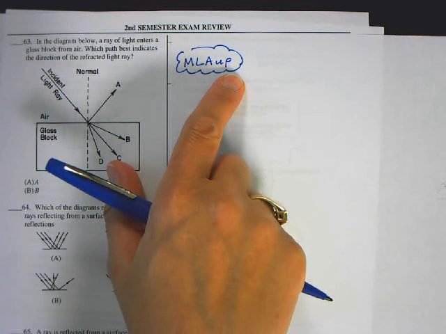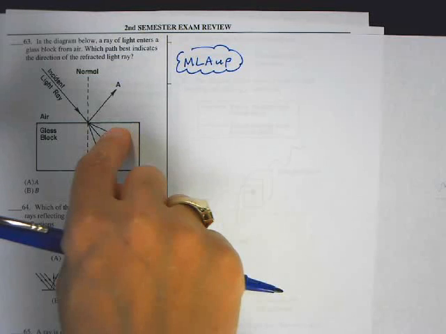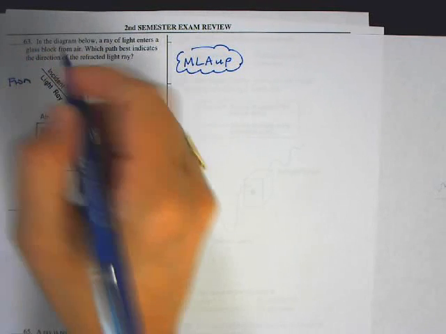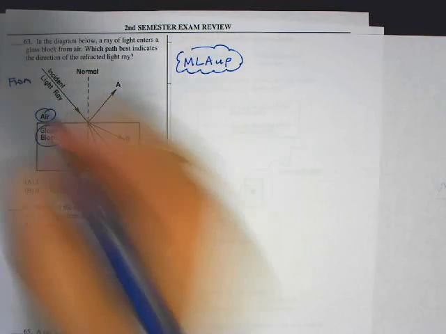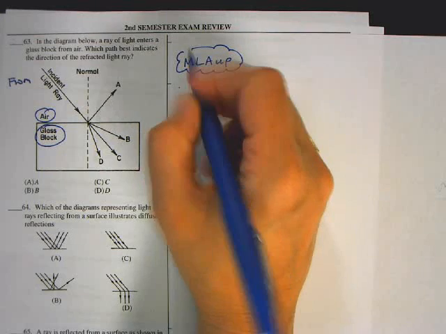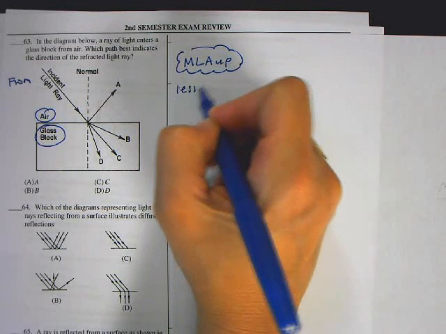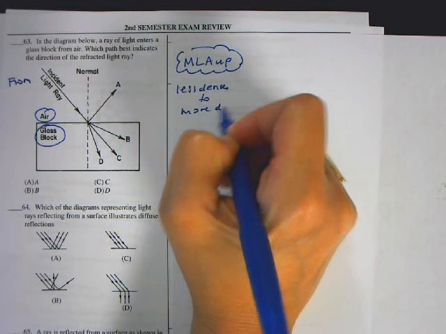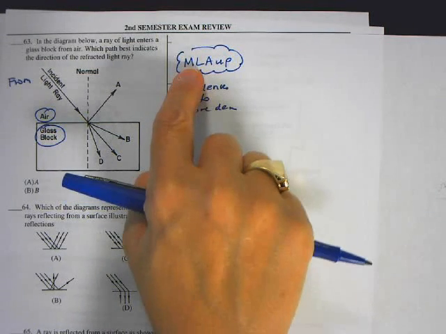So now let's look at this picture. Here I'm going from air to glass. So it's important that I realize what I'm doing. Here I'm going from a less dense to a more dense, which is the opposite of this, right?